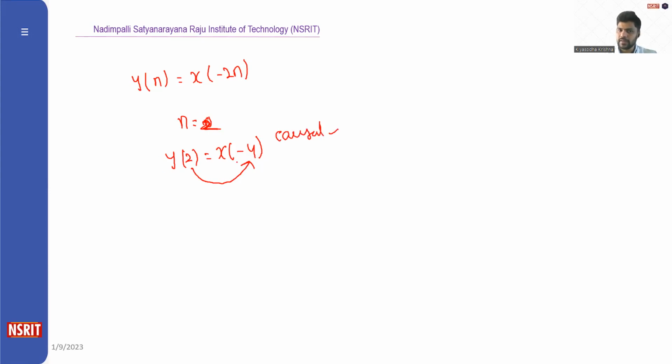But we don't decide that it is causal. Why? Because for this type of problems, you have to take n is equal to 0, substitute n is equal to some negative value, and substitute n is equal to some positive value. In all three cases, if you get causal, then the system is causal.